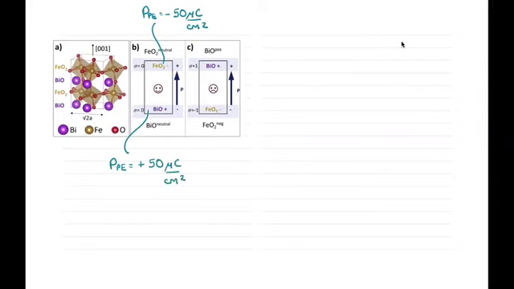So if my polarization is oriented from the bismuth oxygen surface to the iron oxygen surface, then the 50 microcoulombs per square centimeter of polarization from the ferroelectric spontaneous polarization exactly compensates that from the paraelectric half quantum. And so we call this a happy surface.